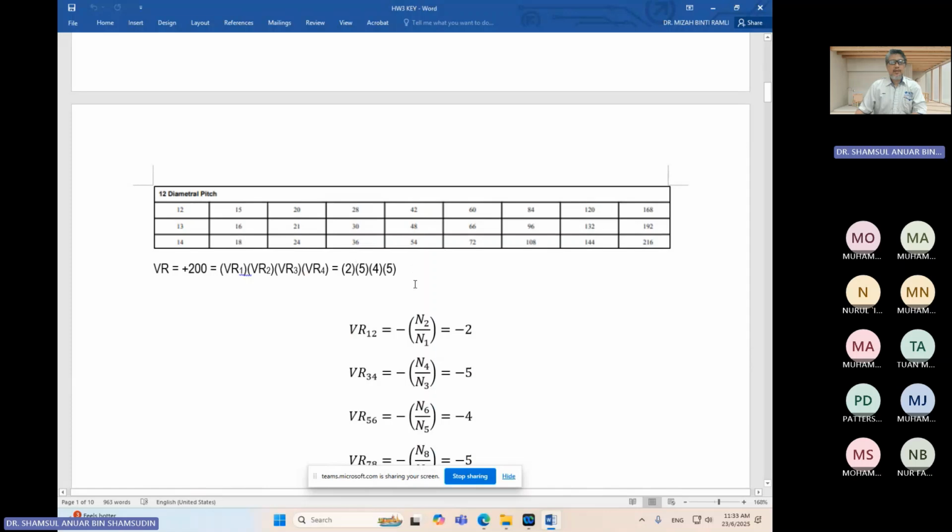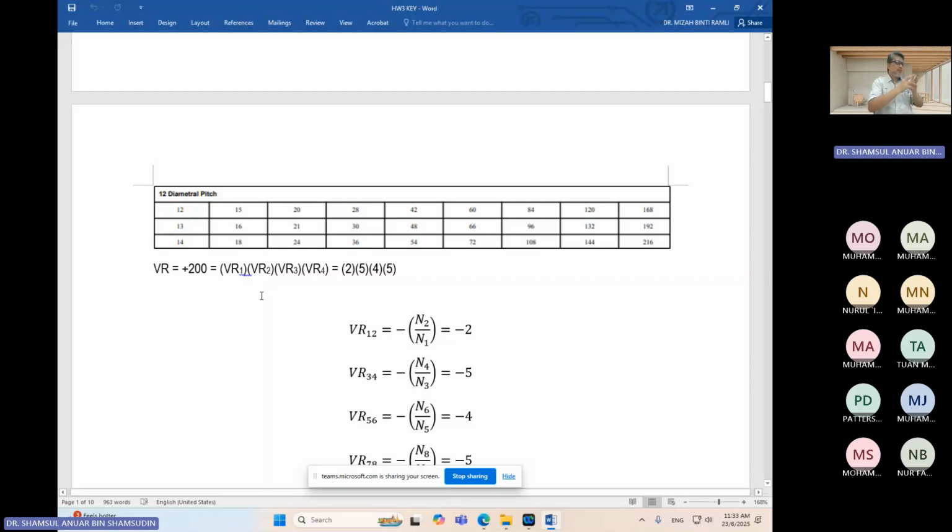In the concept for the velocity ratio VR, we know that ultimately we want to have a positive 200. So we try to break it. If we have 4 stages, meaning we must have 4 pairs of gears, 1, 2, 3, and 4.